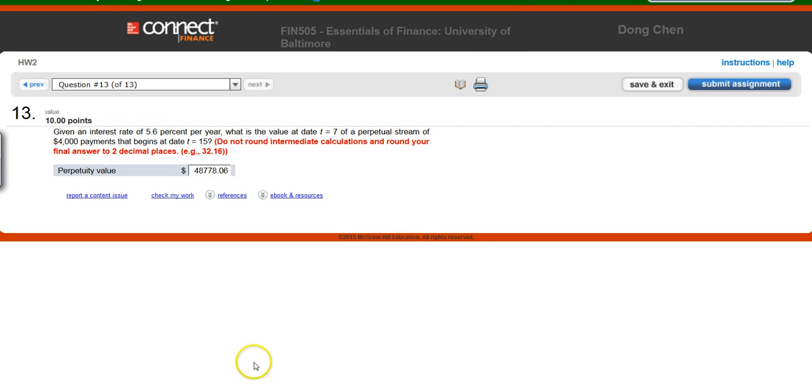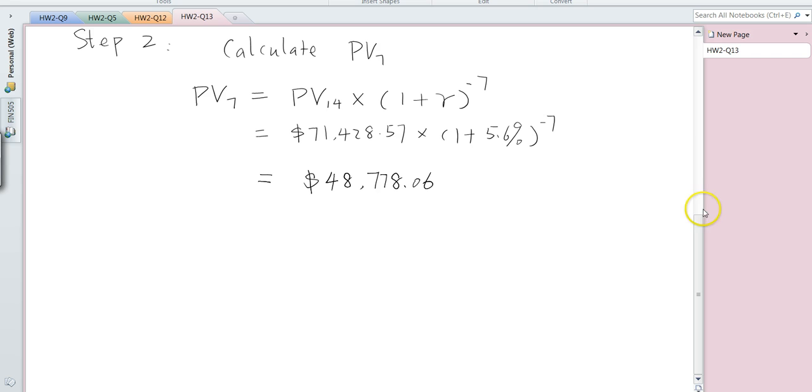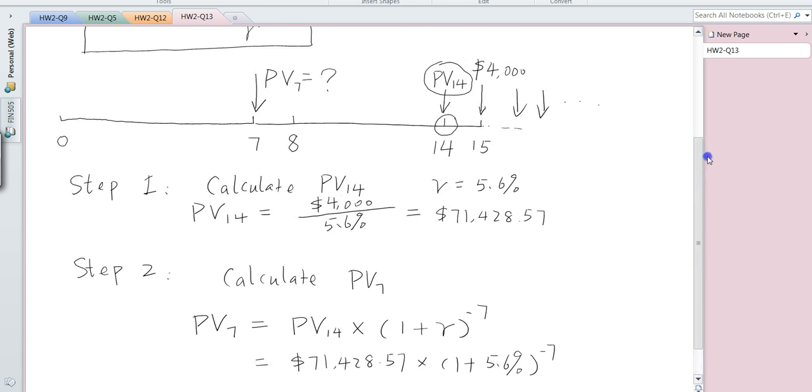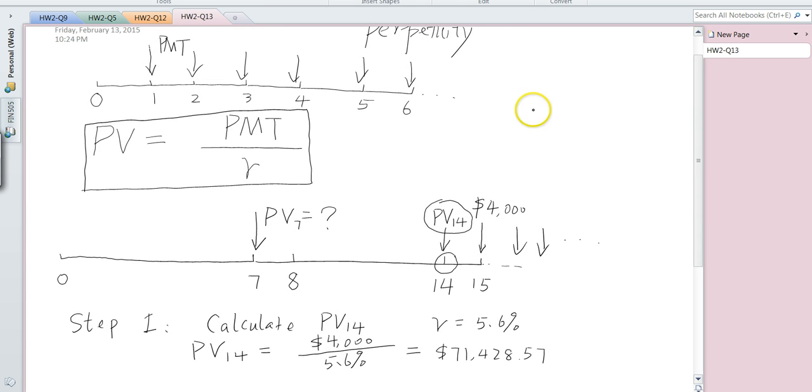So I hope by using this example, I have given you some better idea about how to use the formula for the present value of a perpetuity. So we need to make sure that the first payment starts from next year. If it doesn't start from next year, we have to move our baseline, like in this case, we move our baseline to be year 14.